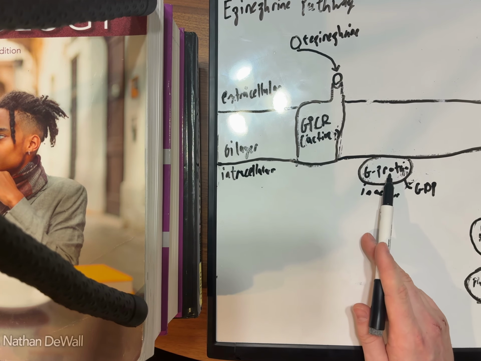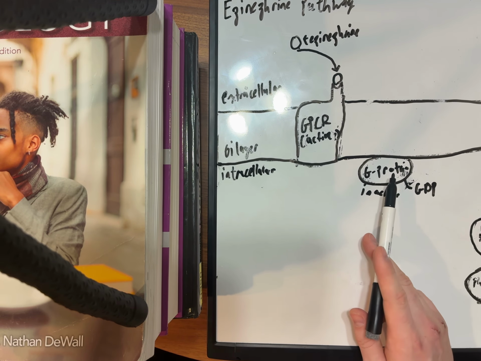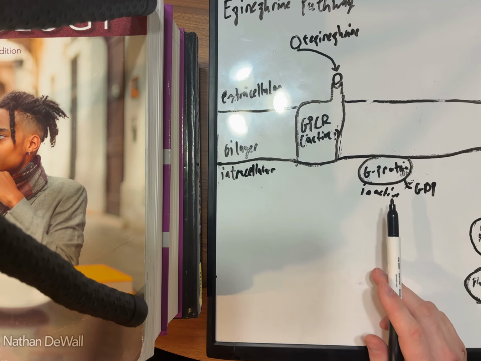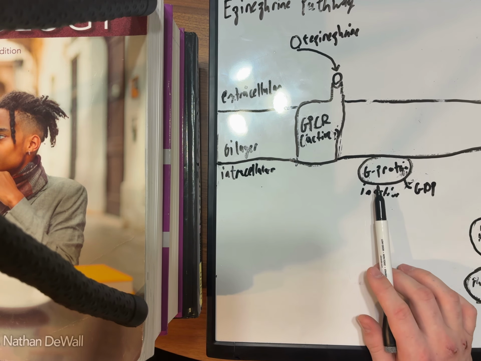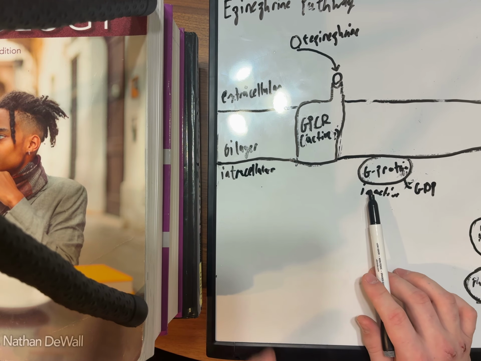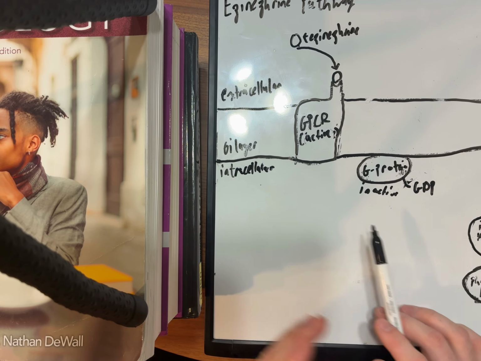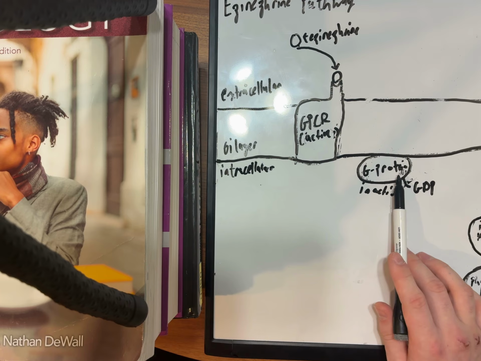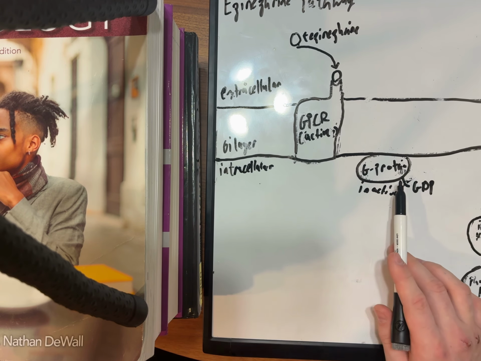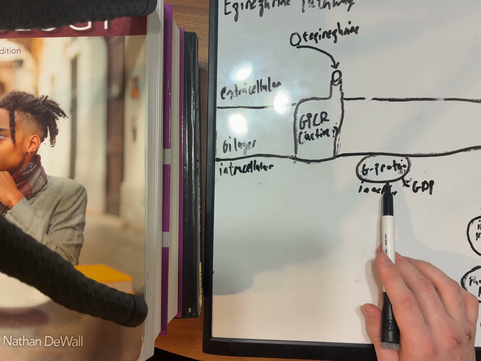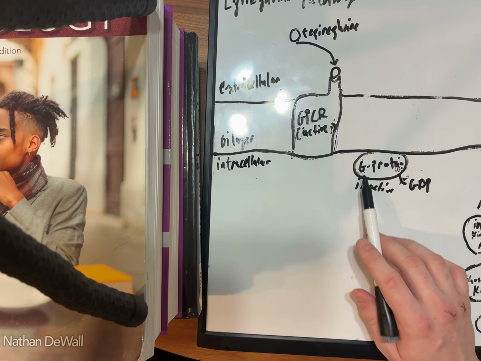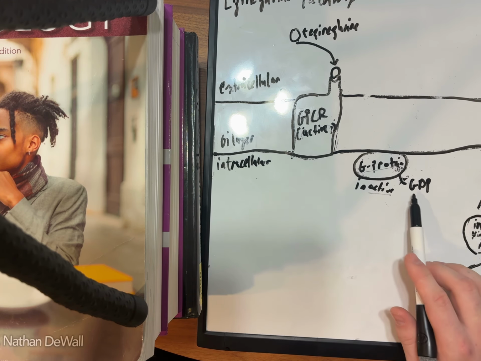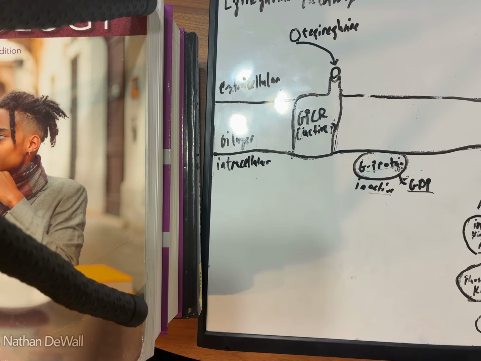So G proteins are a type of GTPase, and we've talked a lot about ATP. ATPases, remember, like to cleave ATP and make ADP. G proteins do the same thing, but just with GDP and GTP, which is guanine, just a different nucleic acid. So you can see we have this inactive G protein, which is bound to GDP.